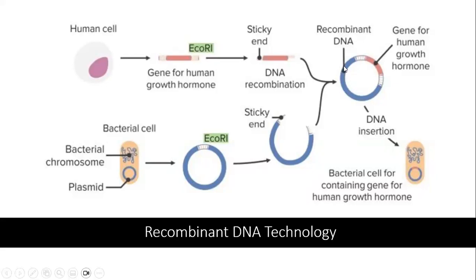Now, a lot of these plasmids have parts that are able to express genes. So when you insert that into a bacterial cell, it is able to express this gene. And that technology is used a lot. I'm not sure if you're aware of this, but we use bacteria to create insulin.